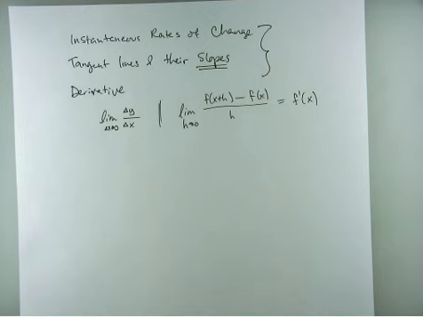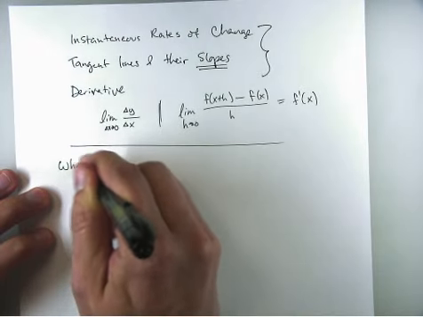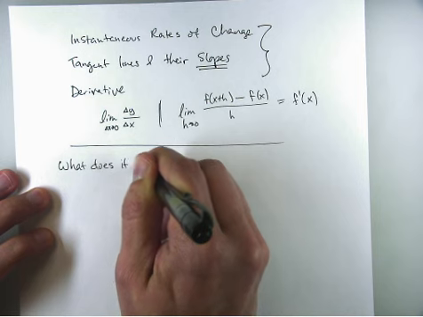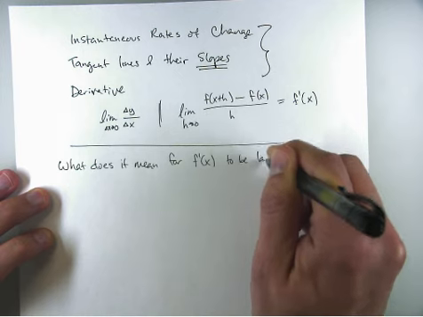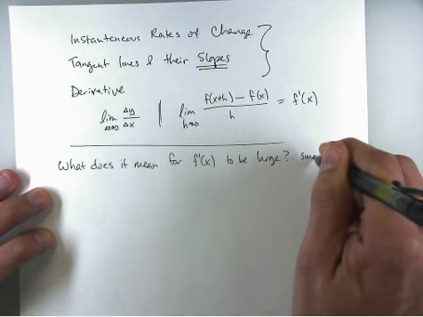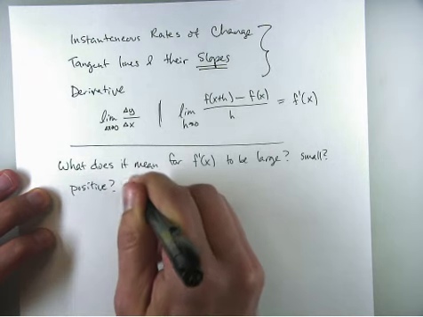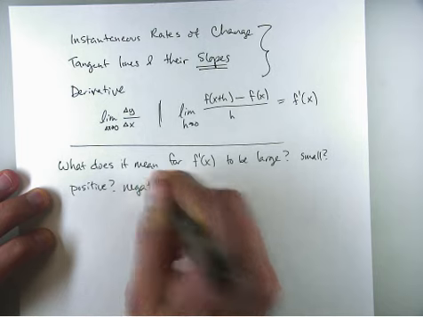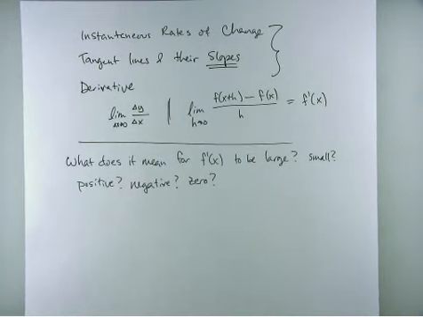So, couple of questions, maybe. What does it mean for f prime of x to be large or small, right?